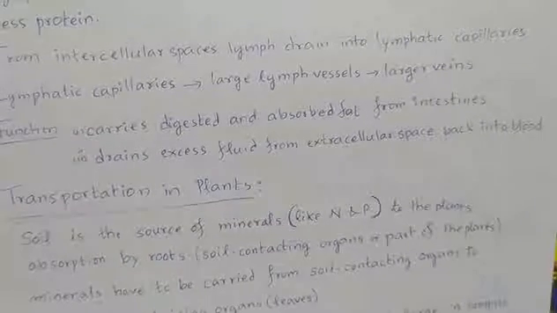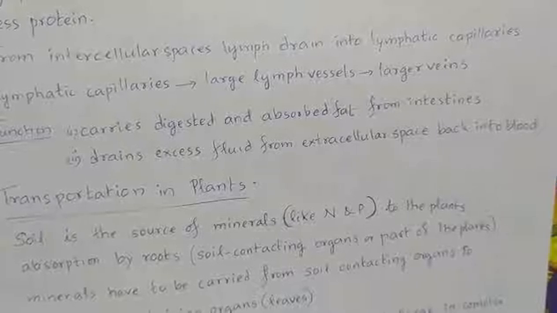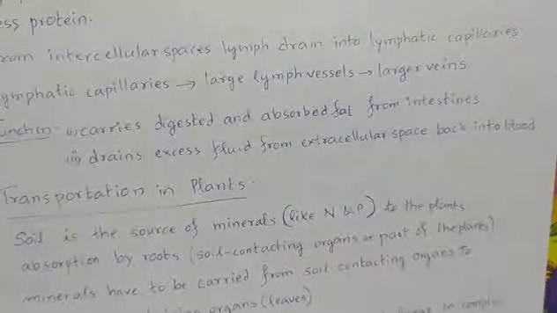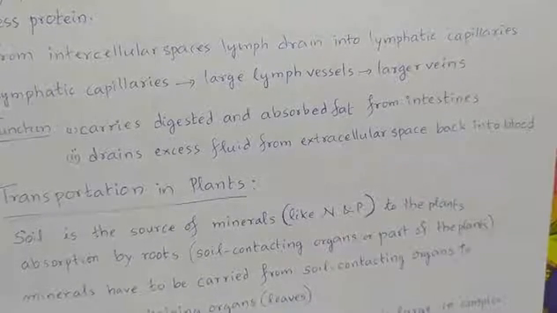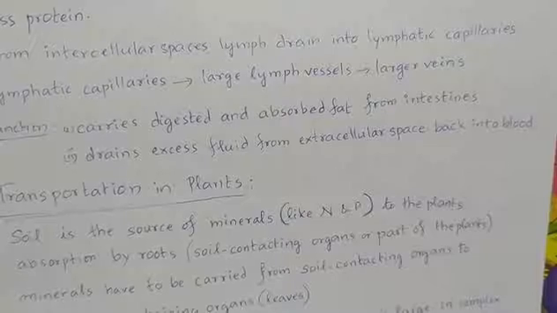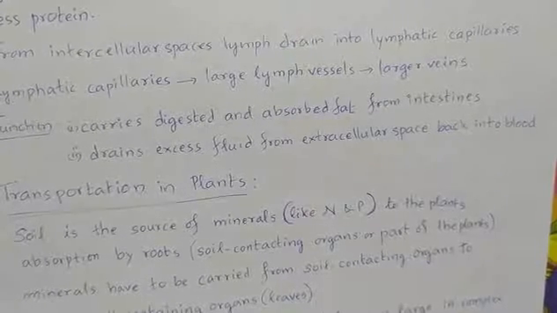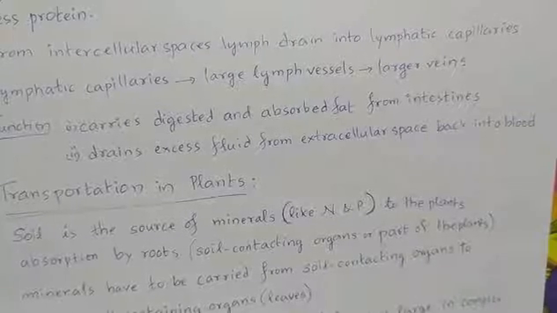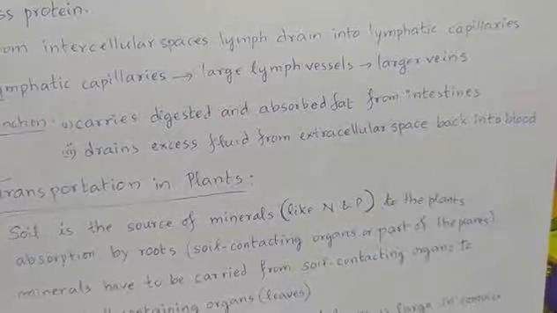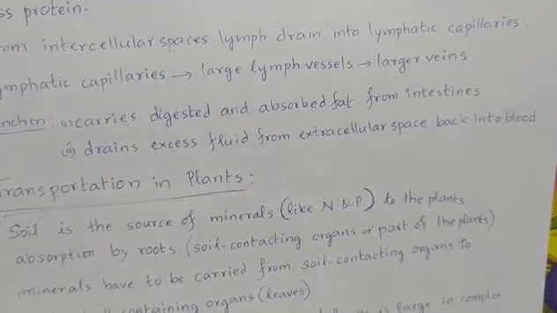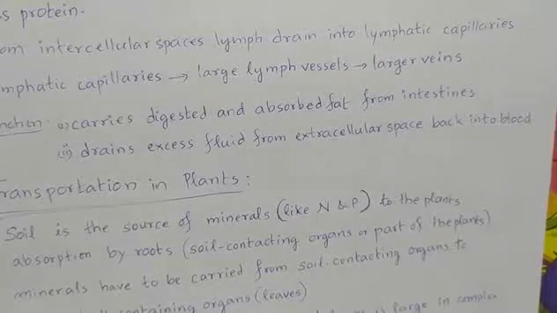The function of lymph is to carry digested and absorbed fat from the intestines and to drain the excess fluid from the extracellular space back into the blood. Some amount of fluid is present in the extracellular spaces in the tissue. If it is excess in quantity, that excess fluid from the extracellular space has to be carried back into the blood.